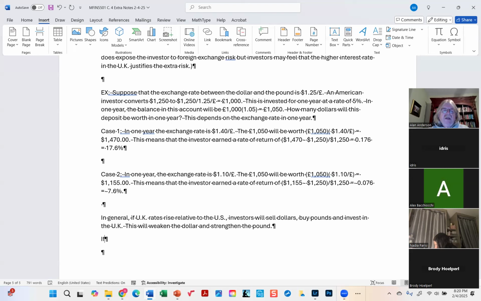If UK rates fall relative to the US, of course, investors will do the opposite. They will buy dollars and sell pounds and invest in the US. This will strengthen the dollar and weaken the pound.